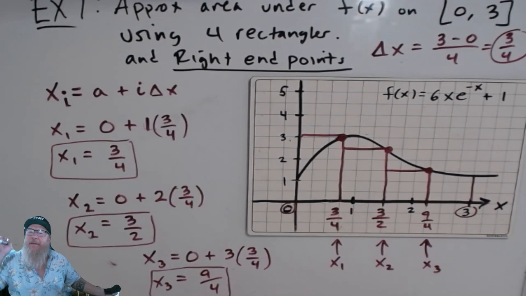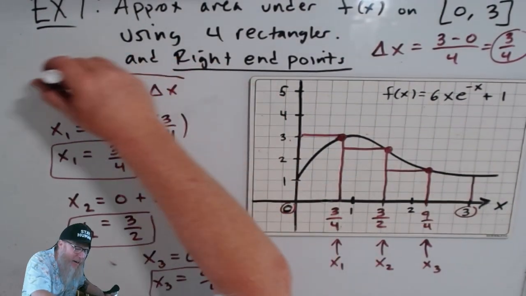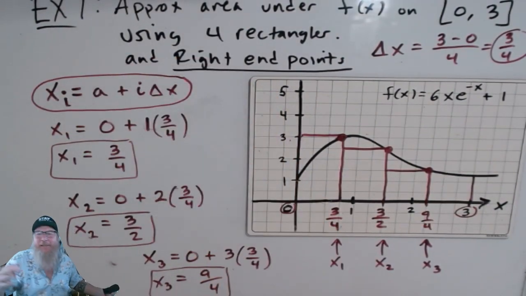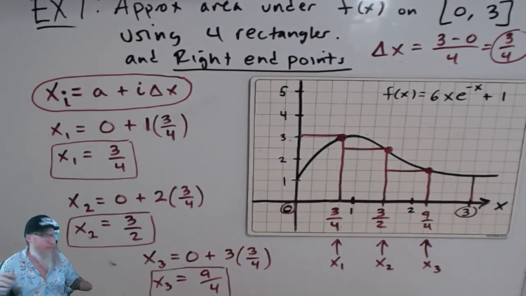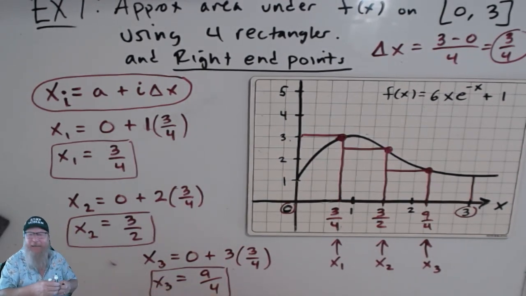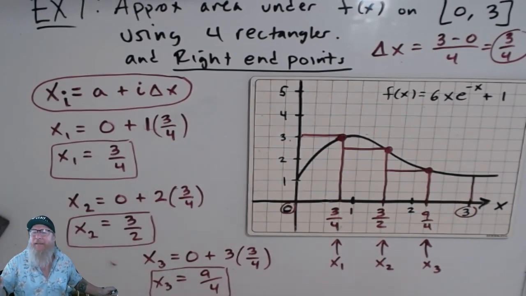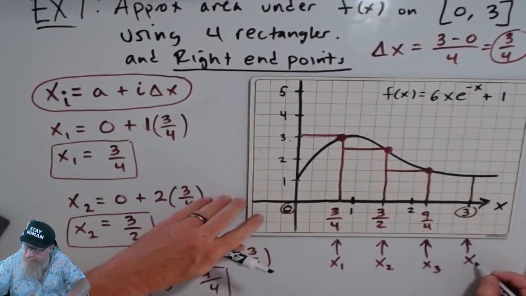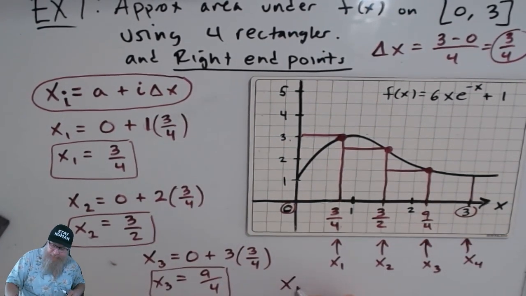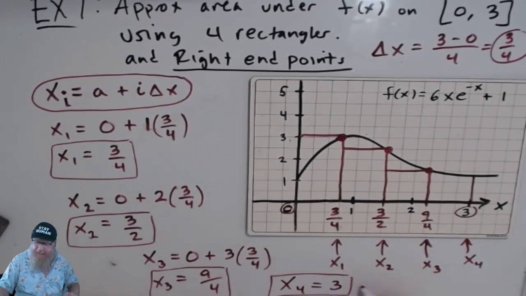All right. And then there's a bunch of things I like about the right-hand method. It's easy to memorize. Most people are right-handed. 90% of humans are right-handed, so it seems more natural. And also, the last thing that I love about it is x4 is always the last endpoint. The right endpoint. It's always b.